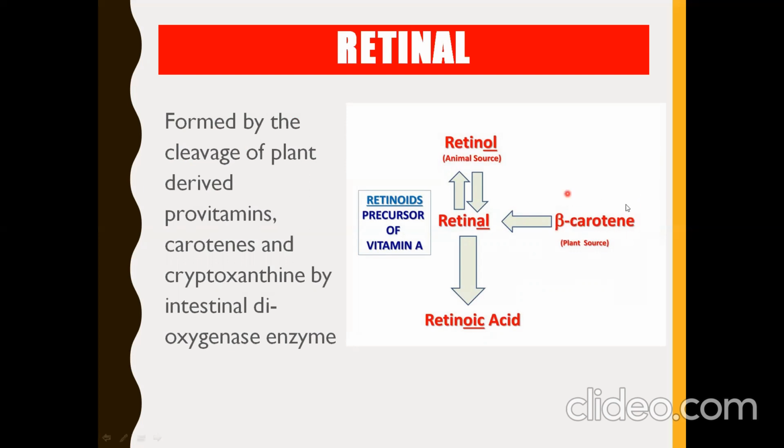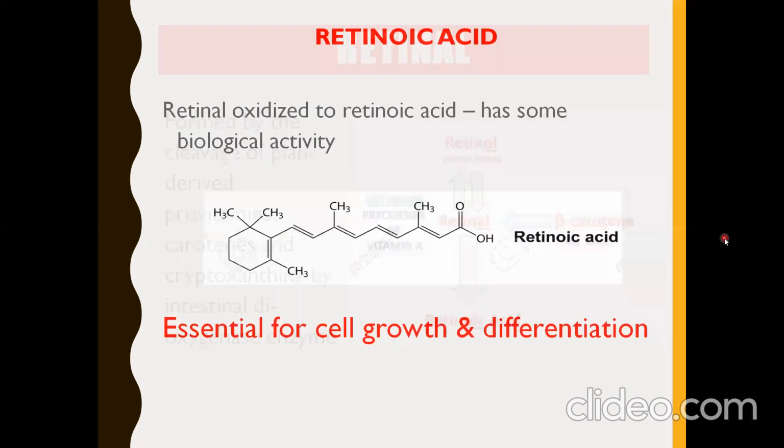It is a provitamin form of vitamin A. In the intestine, it is acted upon by the intestinal dioxygenase enzyme to form the aldehyde form of the retinoids, which is the retinal. In the animal source, it is present as retinol, or as the ester form, retinol ester. While in the case of plant sources, it is present as a provitamin form. In the intestine, it has to get activated to form the retinal by the intestinal dioxygenase enzyme.